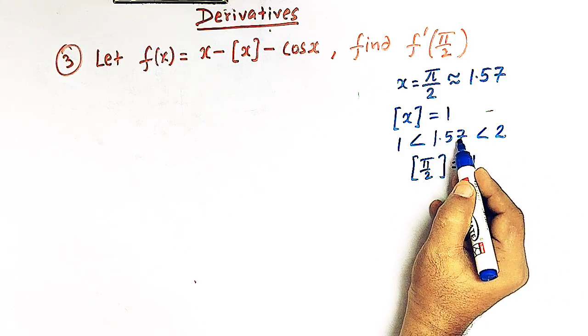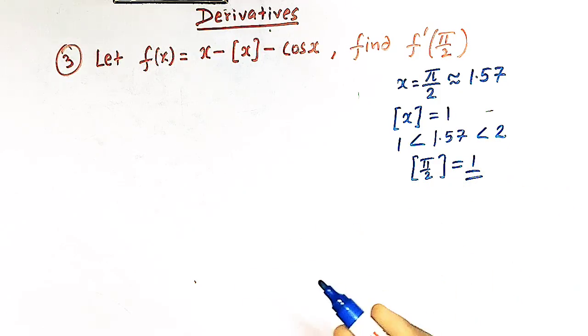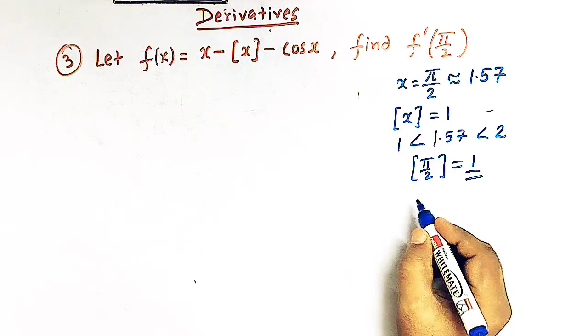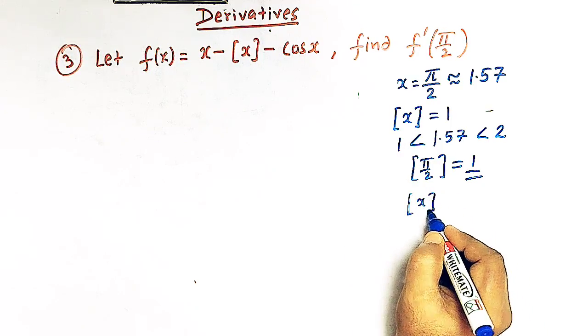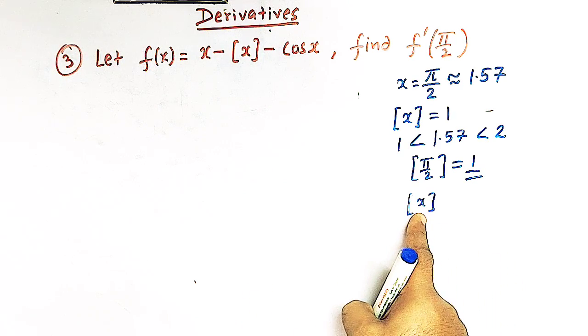Because 1.57 is greater than 1, but it is less than 2, and due to the definition of greatest integer function, greatest integer of x is equal to the greatest integer equal to or less than x, right?